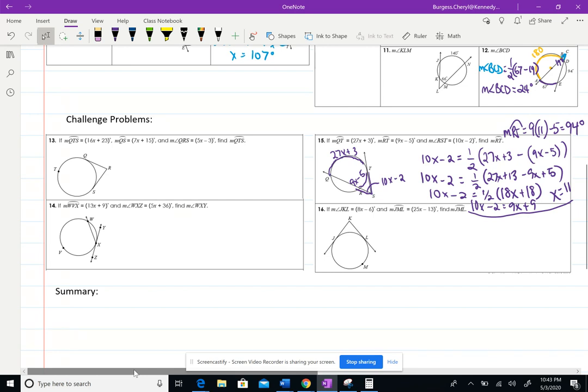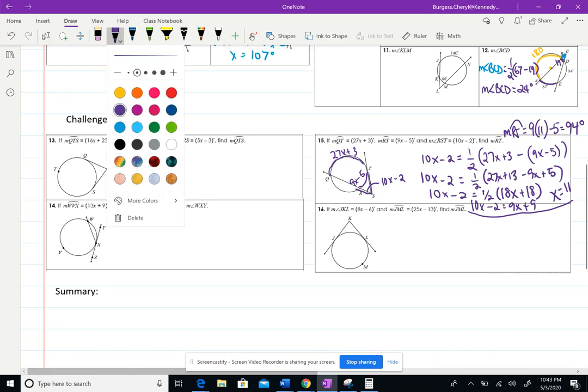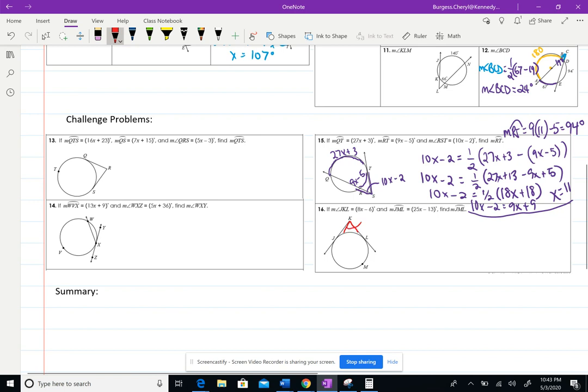All right, number 16. So 16 says angle JKL is 8x minus 6 degrees. So this angle is 8x minus 6. And major arc JML is 25x minus 13. Oh, this is interesting.